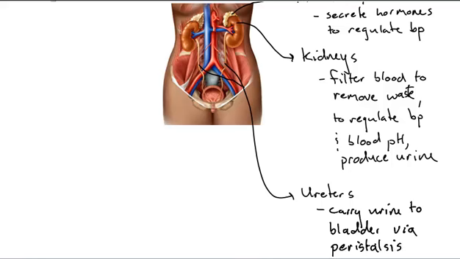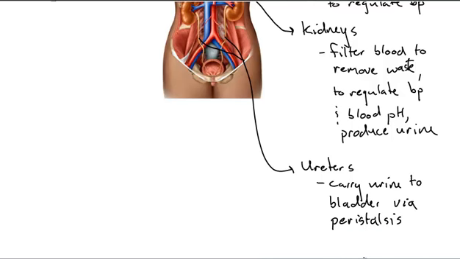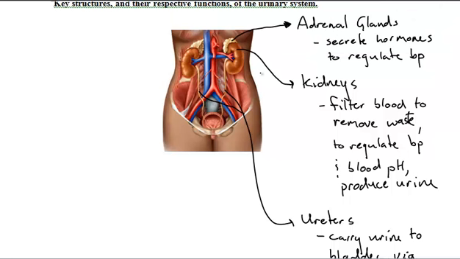So those of you who want to stand on your head, you don't have to rely on gravity to move urine into your bladder. It's okay, you have peristaltic action moving it there. Then we have the bladder, which stores urine for excretion at the appropriate time.